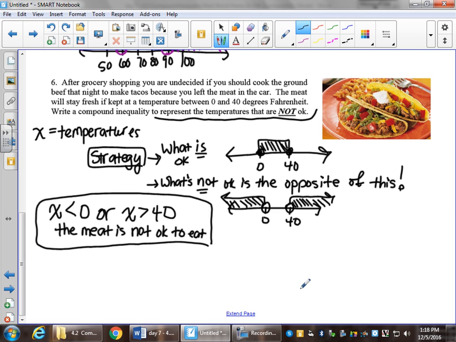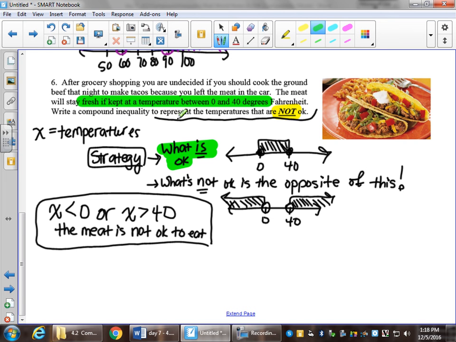And we're done. So when you see this word not, pay attention. Notice it's bolded, capitalized, and underlined because technically you're given info on when it's actually okay. So first we started off by saying what's okay, sketching that for ourselves between 0 and 40.